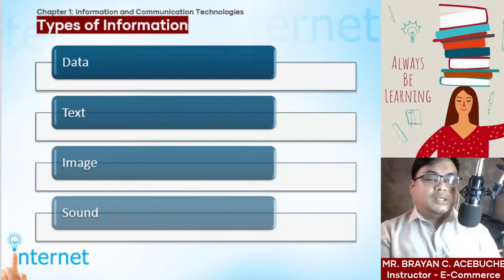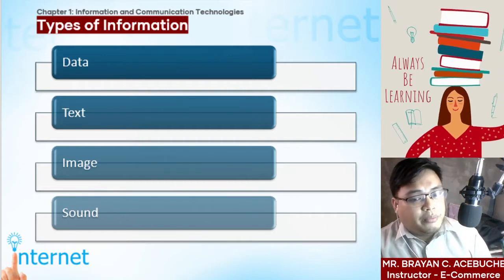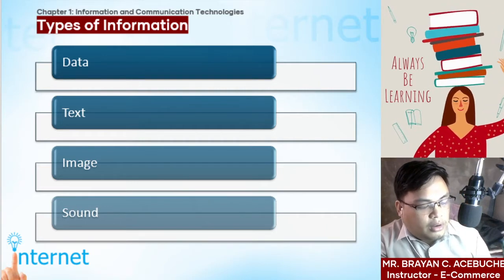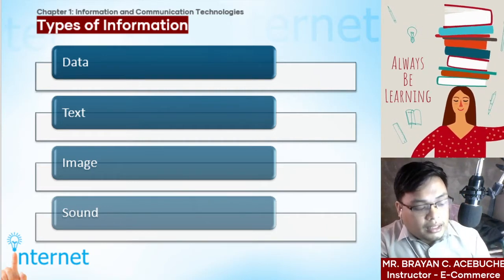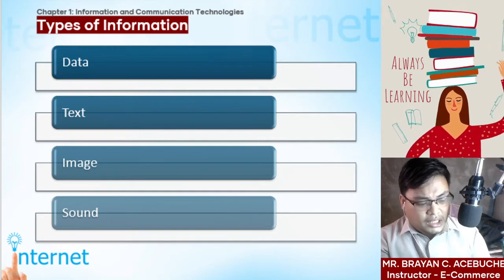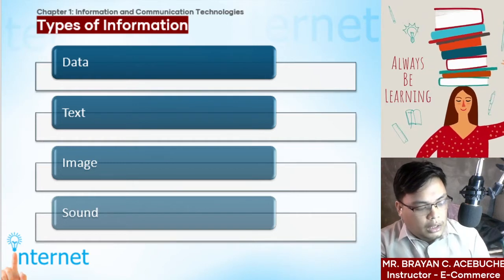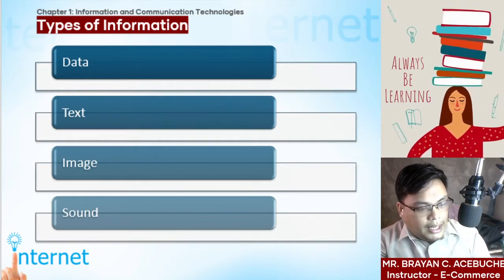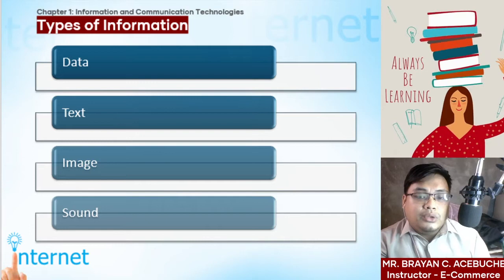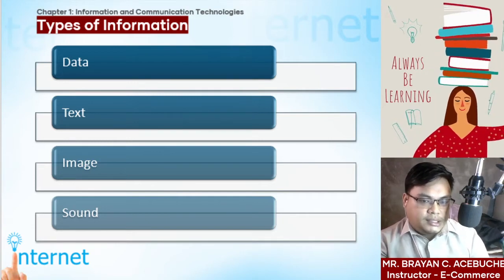Okay? What else? We also have the text. From the word text, these are in the form of written information, which may be typewritten, pwede ring printed sa printer, or handwritten. So those are the examples of text. Okay?